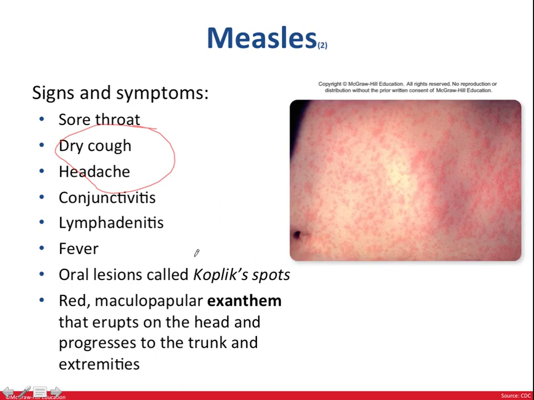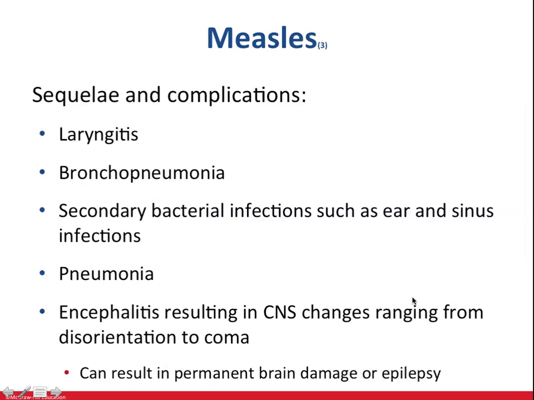We can also find a specific rash for measles, a red maculopapular rash, spreading from the head to the trunk and extremities, so we can see dense rashes on the patients.